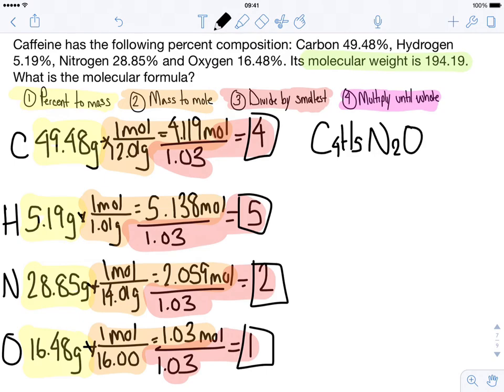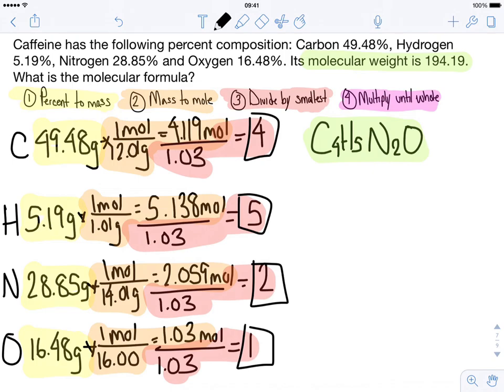Okay, so now we have that missing piece of information that we needed to figure out the molecular formula. We have the molecular weight from the problem here, and now we have the empirical formula. So if you remember, to figure out the molecular formula, we divide the molecular weight by the empirical formula weight.